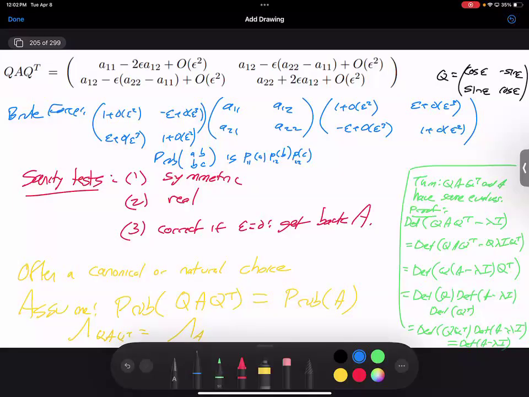And initially, this is a very weak condition. I can choose any nice probability distributions. But if I want the probability of Q A Q transpose to be the same as the probability of A, that's going to put some constraints on the P's. So this constrains the P_ij's. If I want the probability of a transformation to be independent of the basis used, I can no longer just choose any probability.